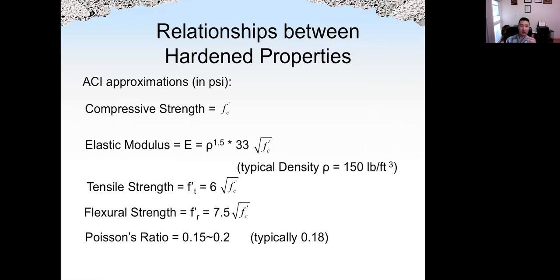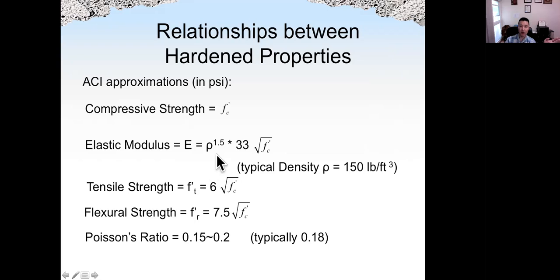Right. And here shows us if we cannot measure some of the mechanical properties, such as the E value, the tensile strength, or the fracture strength, we can roughly estimate that value based on the F prime C, the compressive strength of concrete. Okay.